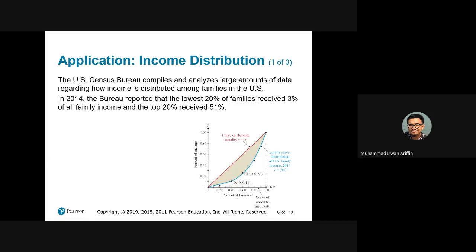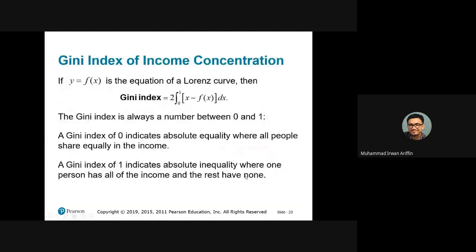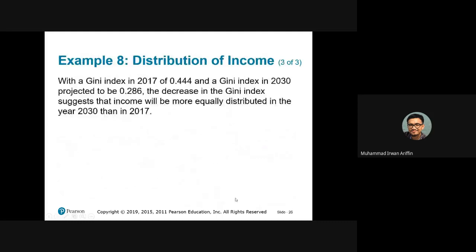We use the Lorenz curve to represent income inequality, and we're always interested in finding the area between the curve of absolute equality, y equals x, and the Lorenz curve. I think that's it for this topic.